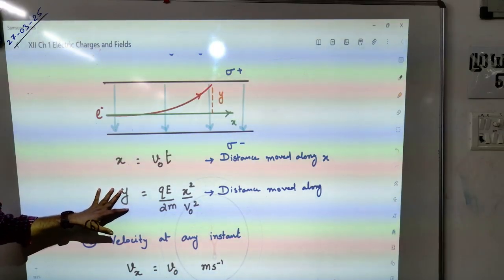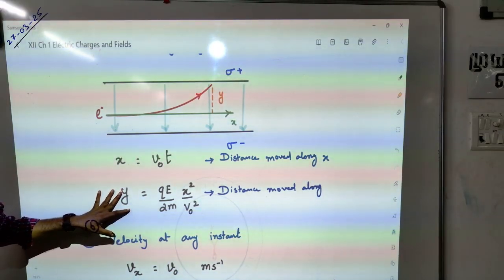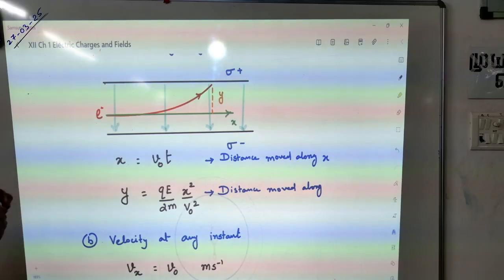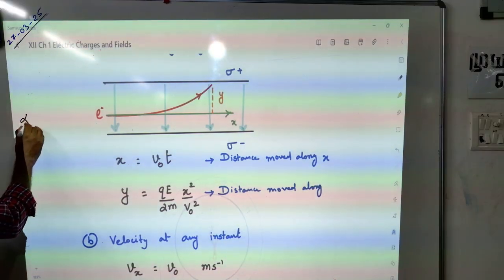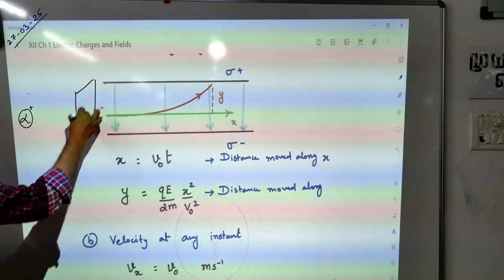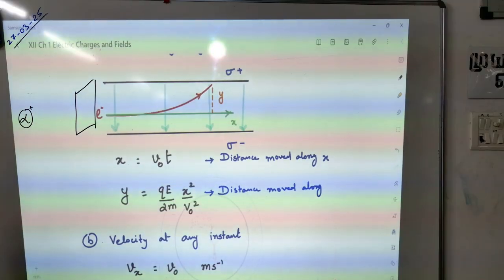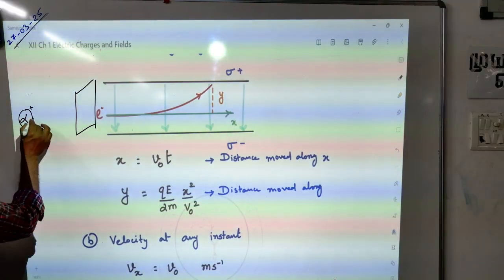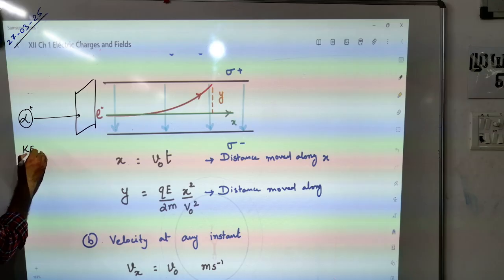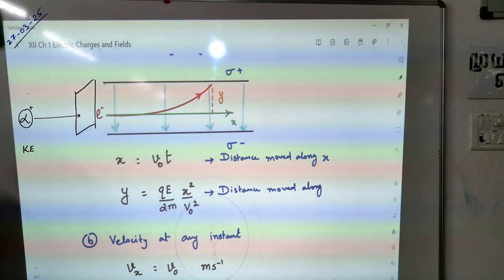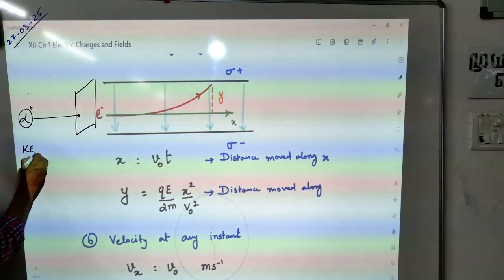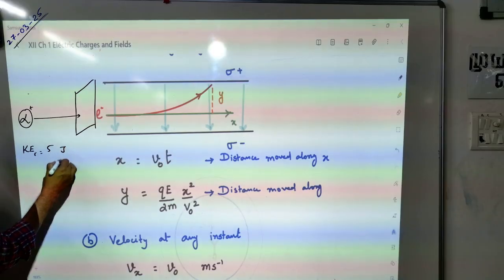Now I will describe a question. You will try to find the answer for it. Fine? In Rutherford's experiment, an alpha particle is thrown against the gold foil with initial kinetic energy of, fine, sir, kinetic energy initial is equal to 5 joule.